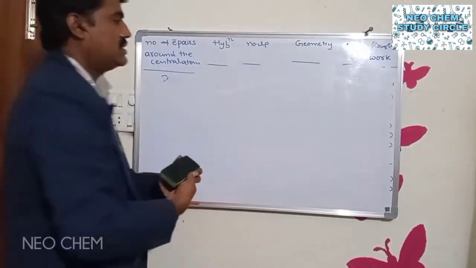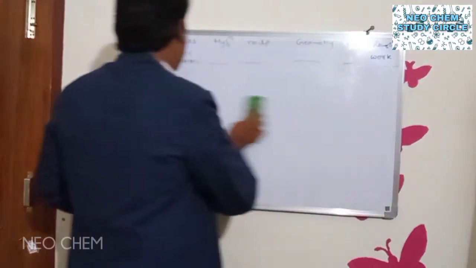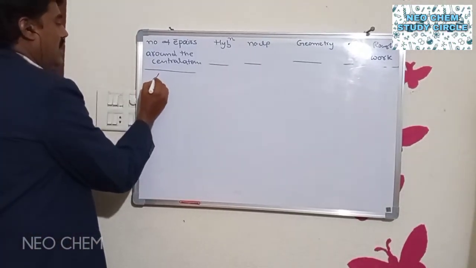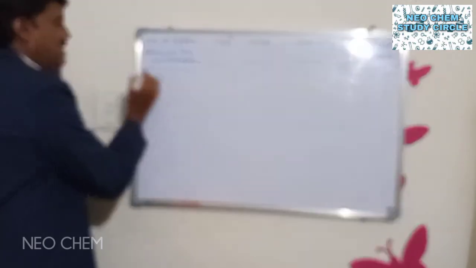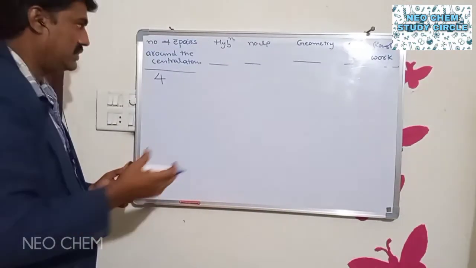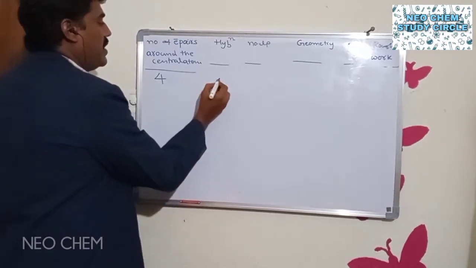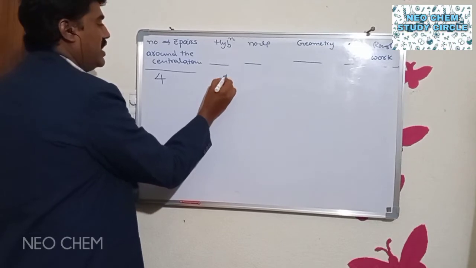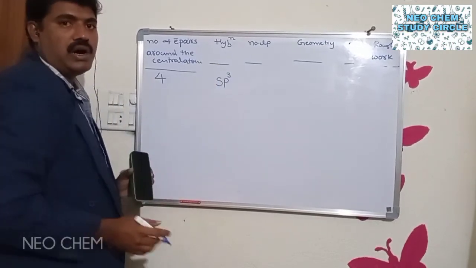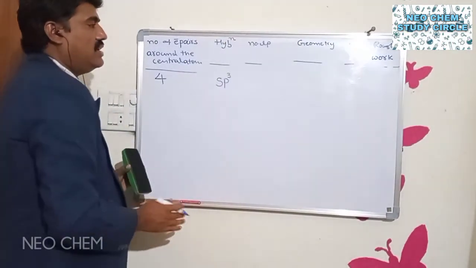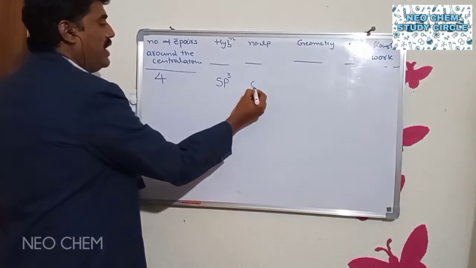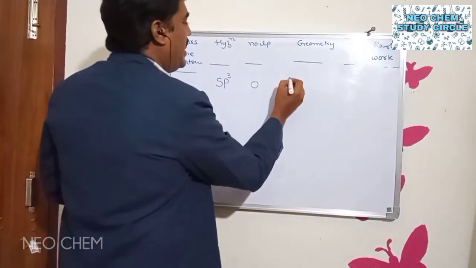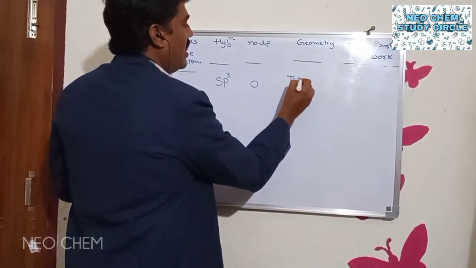Okay, next, if 4 electron pairs are present around the central atom, then we have to select the hybridization containing 4 orbitals, which is sp3. After sp3 hybridization, if there are no lone pairs remaining over the central atom, then geometry is tetrahedral.